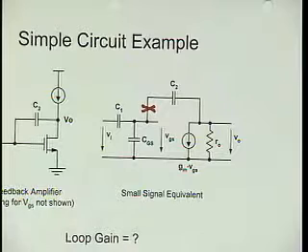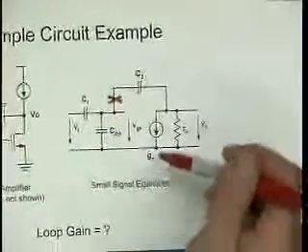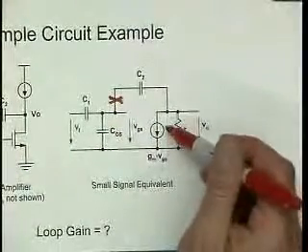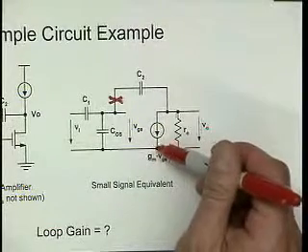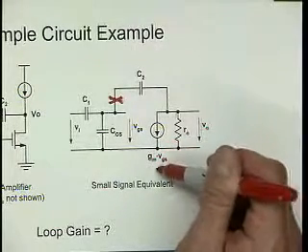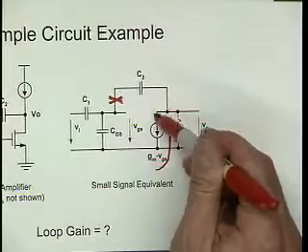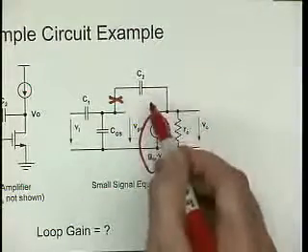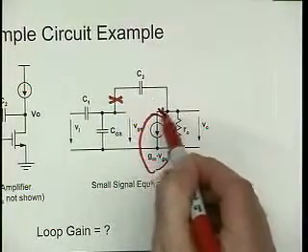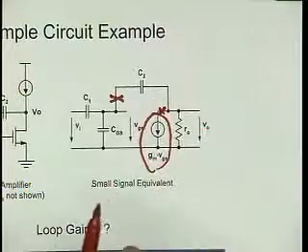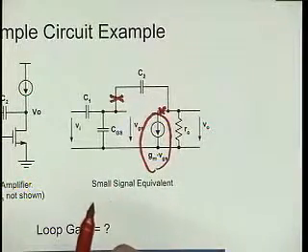So I need to find a point where I can break the loop which doesn't change the characteristics of the loop at all. In general, that's a place where I have a source, a controlled source in particular, like this one here. If I break the loop here, that's okay because that's an ideal current source.